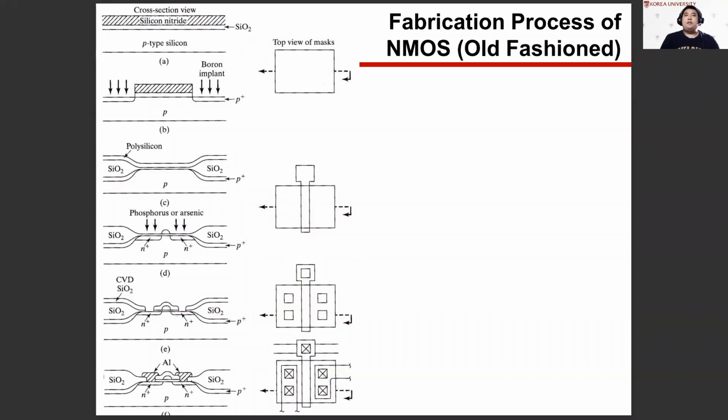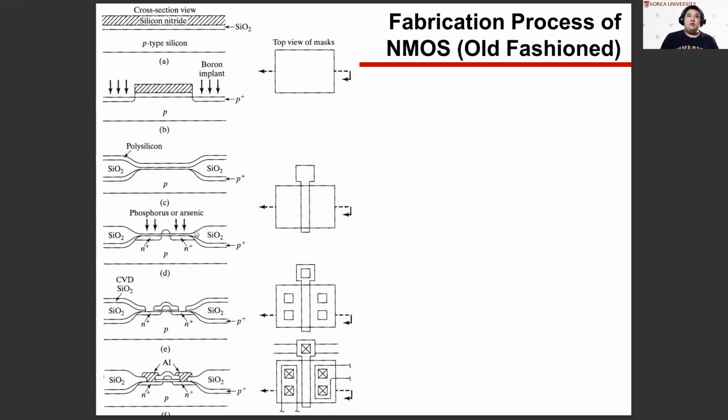The basic steps for fabrication of FETs are basically buying some wafers and putting the gate oxide and gate on the substrate with photomasks.